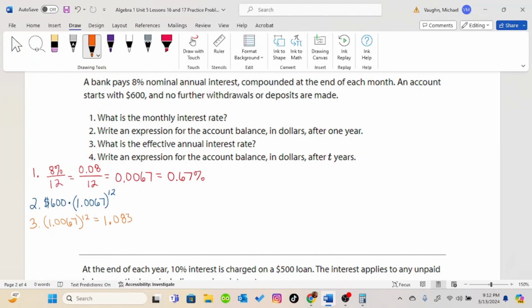So if we change this to a percent increase, then we have 8.3%. So while the nominal rate may be 8%, the effective rate is actually 8.3%.